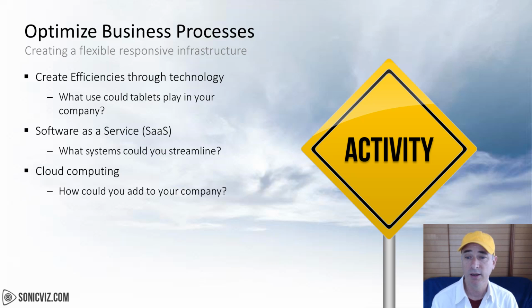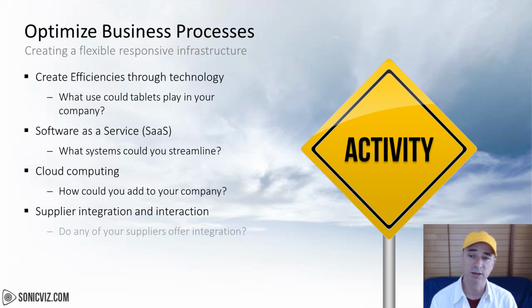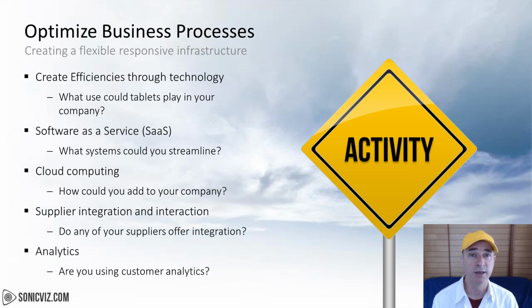Cloud computing: how could you add some cloud infrastructure to your company to better optimize your business processes? Supplier integration and interaction: do any of your suppliers offer integration that you should start to look at to implement? And analytics: are you using customer analytics currently? If not, why not? Maybe it's time to start looking at it, which we will later in the course. This is really just the education phase.